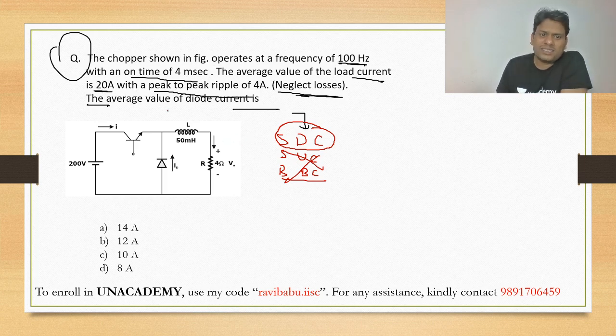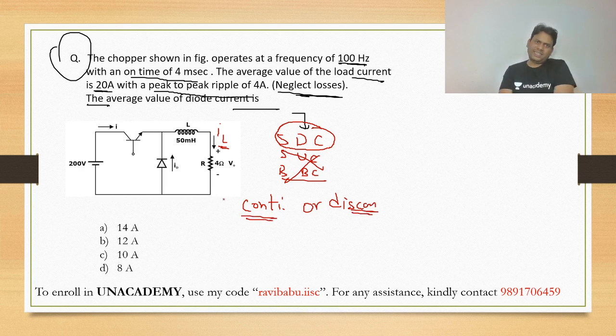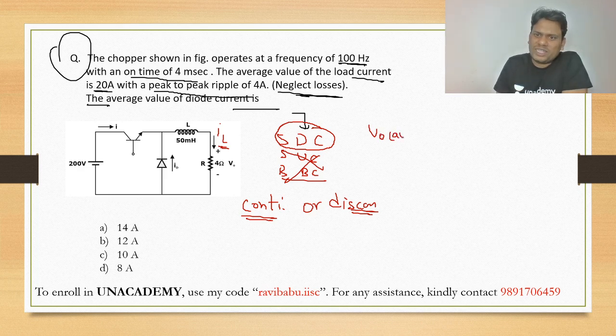Now dear, my question is, with on time given, the average value of load current 20 ampere and the peak to peak ripple 4 ampere, the average current of the diode. Before that, first tell me whether this current IL is continuous or discontinuous. If you can tell this, you can follow all formulas related to step down chopper.